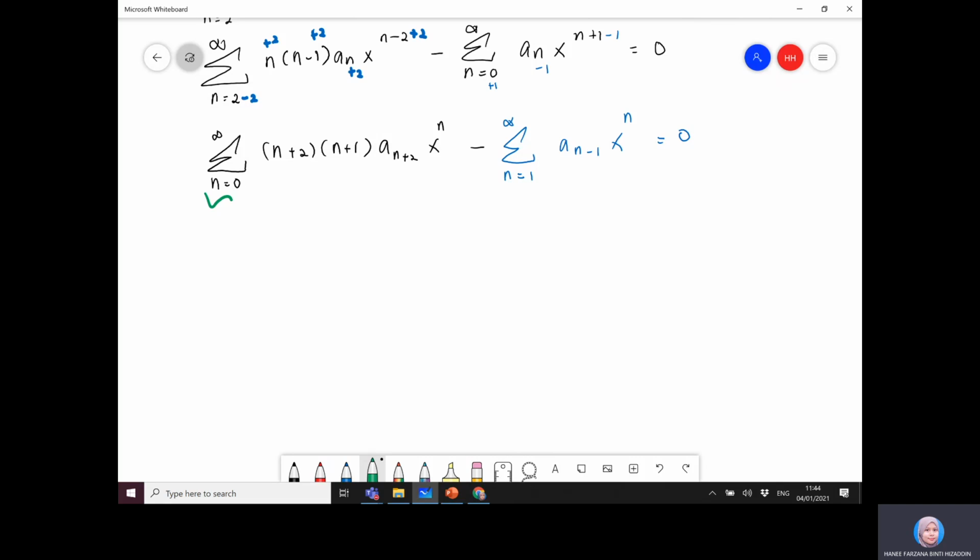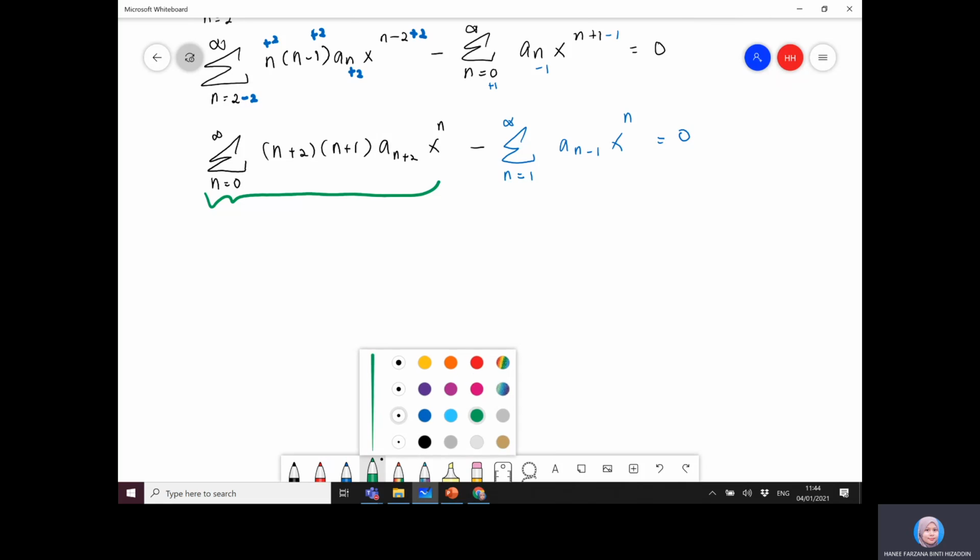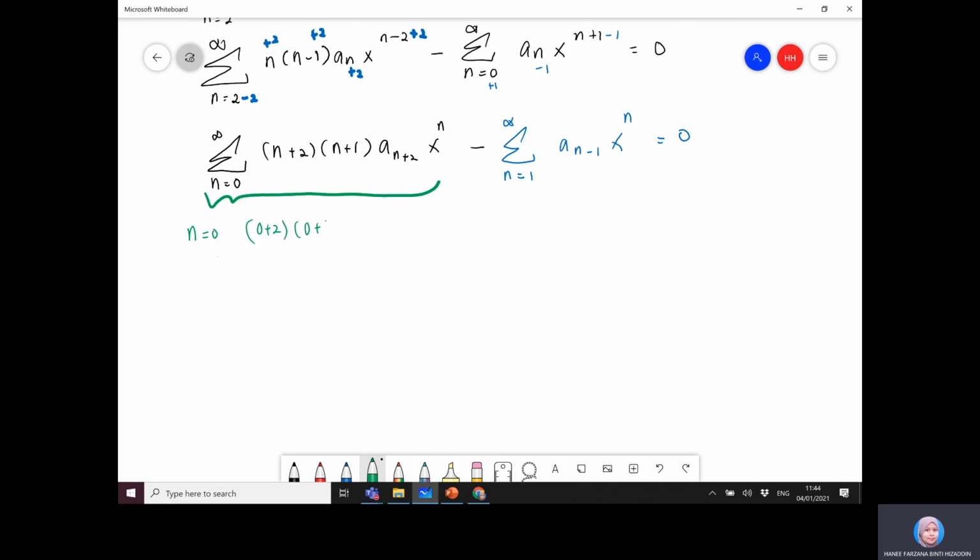So for this first part of the series, I will just take out when n equals to 0, I will have 0 plus 2, 0 plus 1, a0 plus 2 and x0. That will give me, when n equals to 0, it is 2a2.